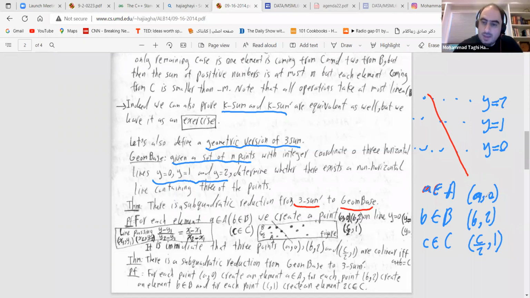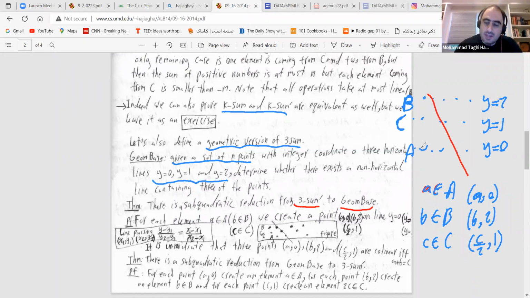So in some sense, A would be here, B would be here, and C would be the middle guy. We are putting C over 2 because we want it to somehow be the average.